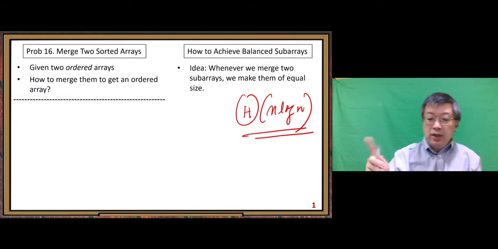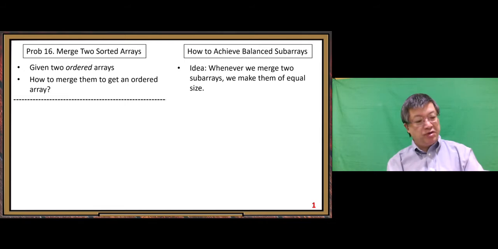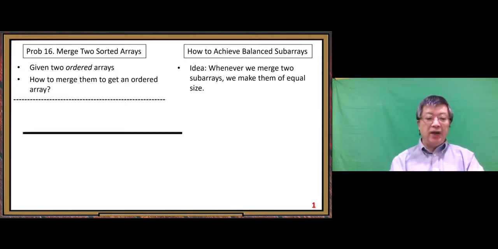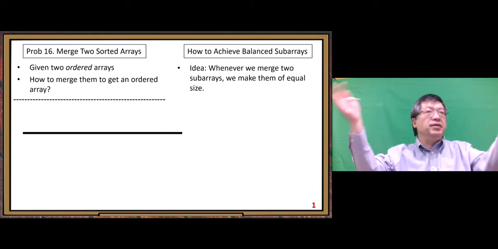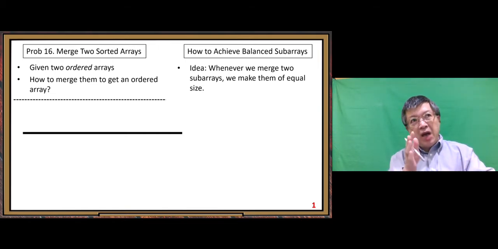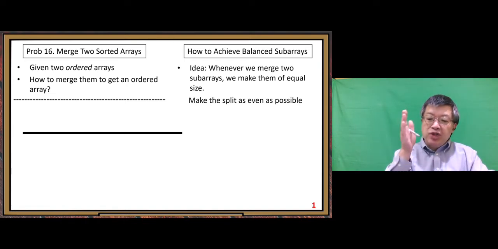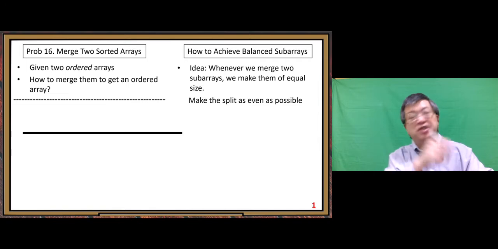All right. So let's use our intuition to do the split. Given an array, this whole line segment represents the given array. The first time when we split, we make the split as even as possible.